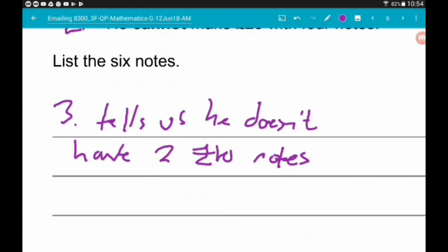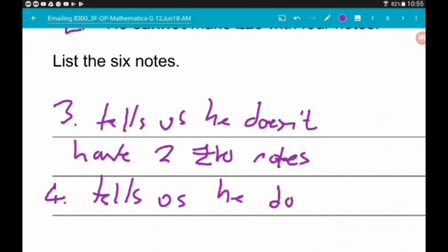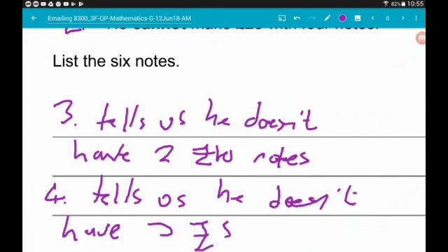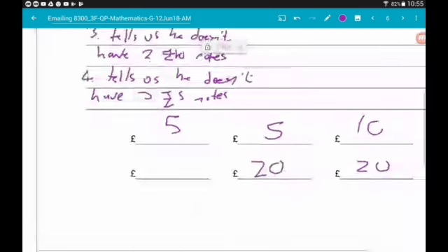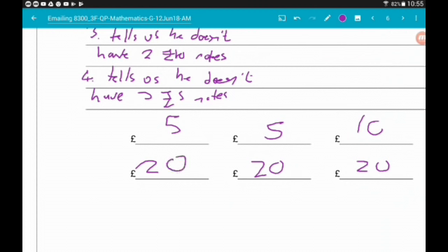So 4 tells us he doesn't have 3 £5 notes. So the remaining note can't be a £5, can't be a £10. Lucky boy, it's £20.